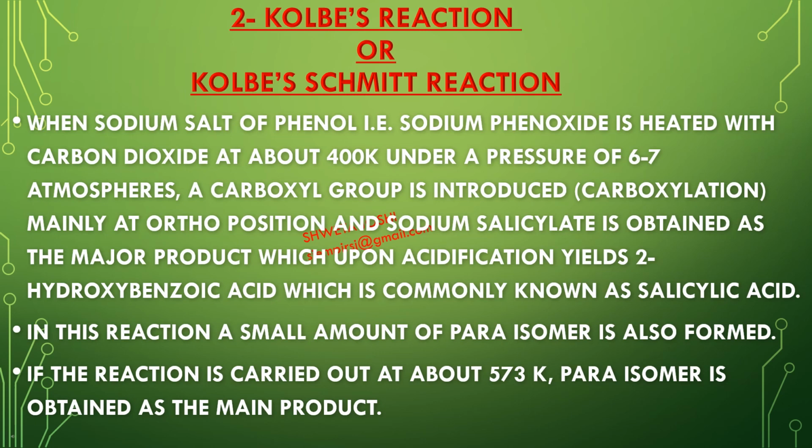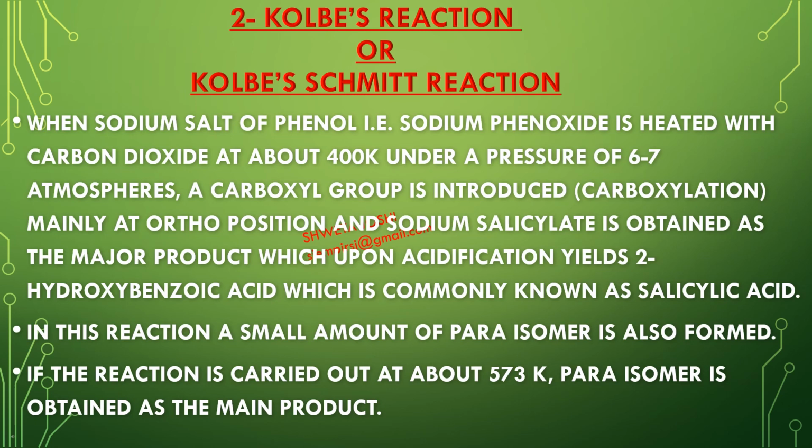Now covering our second reaction, that is Kolbe's Schmitt reaction. In this reaction, sodium salt of phenol, that is sodium phenoxide, is heated with carbon dioxide at about 400 Kelvin temperature under a pressure of 6 to 7 atmospheres. Upon reaction, the carboxyl group is introduced mainly at ortho position and sodium salicylate is obtained.